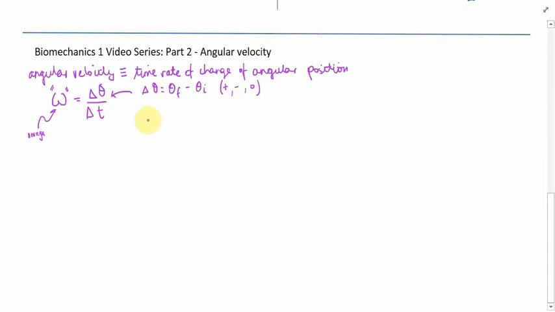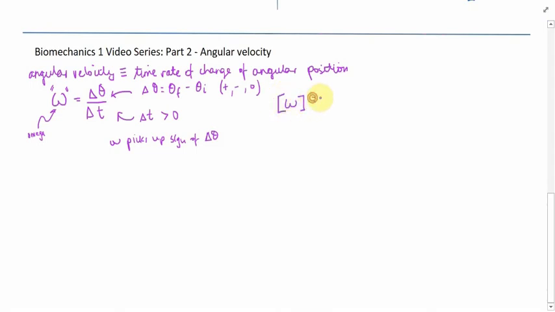Remember we said that clockwise is typically negative and anti-clockwise is typically positive. This delta t, delta time, is always some positive value, so omega picks up the sign of delta theta.